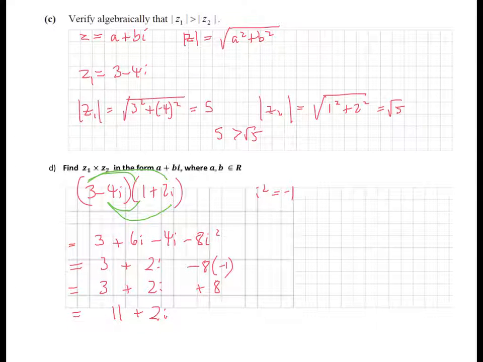And just to overtly state, what I've done with the 6i and the minus 4i is I've just combined them, tidied them up straight away to get me the 2i. So the i terms come together, and the number and the i squared term eventually come together to make 11.